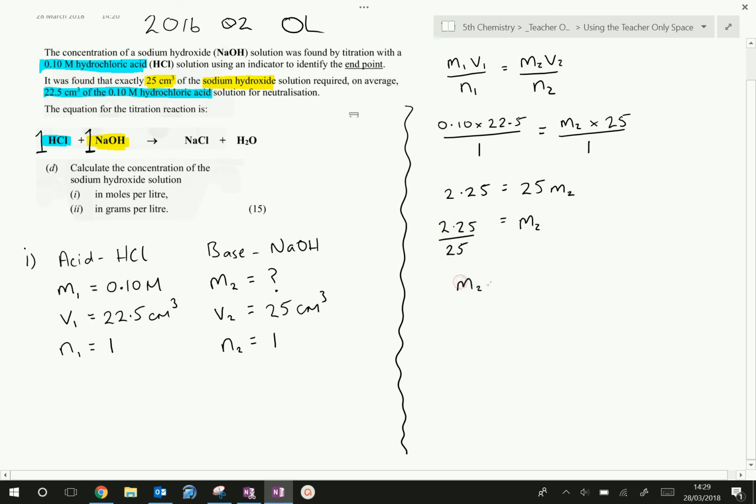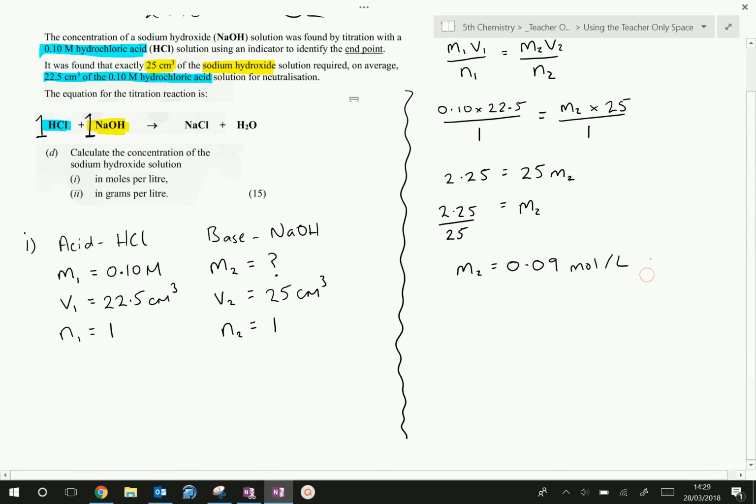So M2, which is the concentration of my sodium hydroxide, is 0.09, and this formula always gives you your answer in moles per litre. Always moles per litre, nothing else. And of sodium hydroxide, because M2 was for the sodium hydroxide.